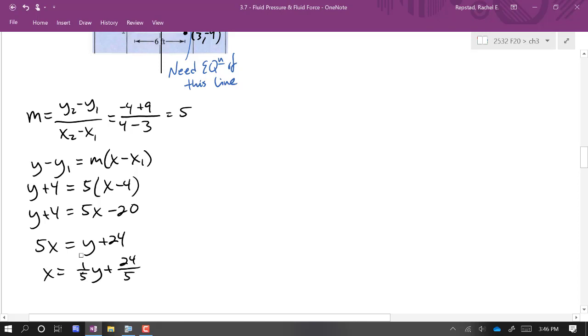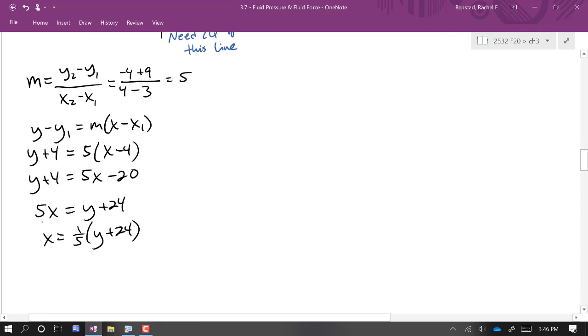And in fact, I'm going to write it slightly differently. I'm going to just keep the 1/5 outside: 1/5 times y plus 24. Now when we double it, L of y, which is 2x, is 2/5 times y plus 24.